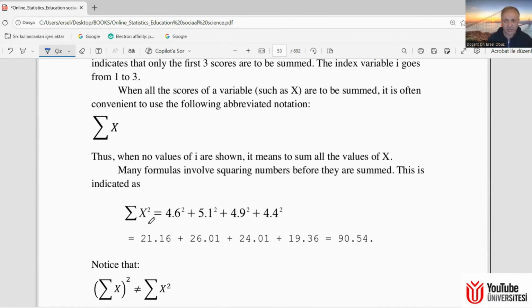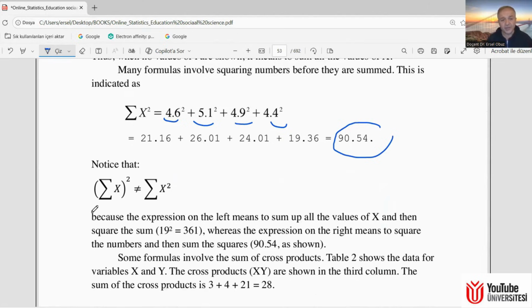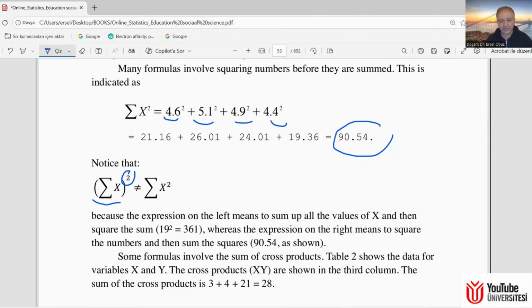In that case, we take the squares of each value and then add them up. Be careful: the total of x squared and the square of the total of x are not the same. Why? Because here, first we add them up and take the square. Here, we take the squares of each value and add them up. So we are talking about 2 different concepts. We should be careful.